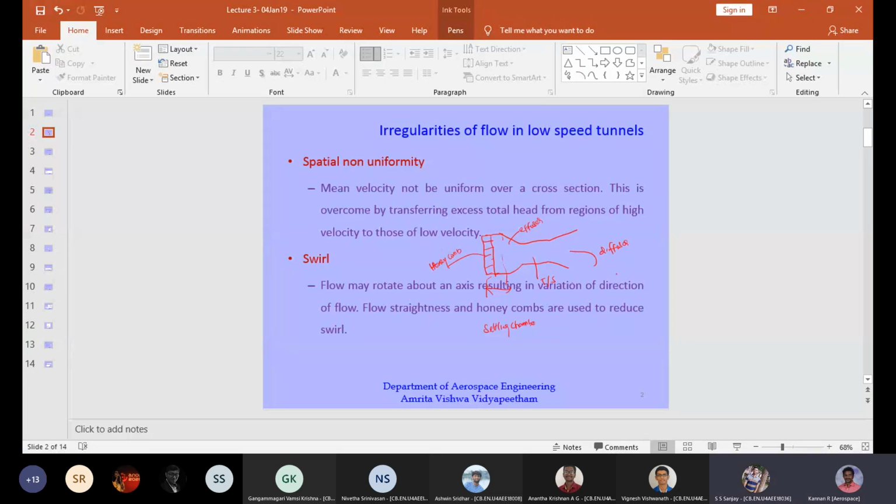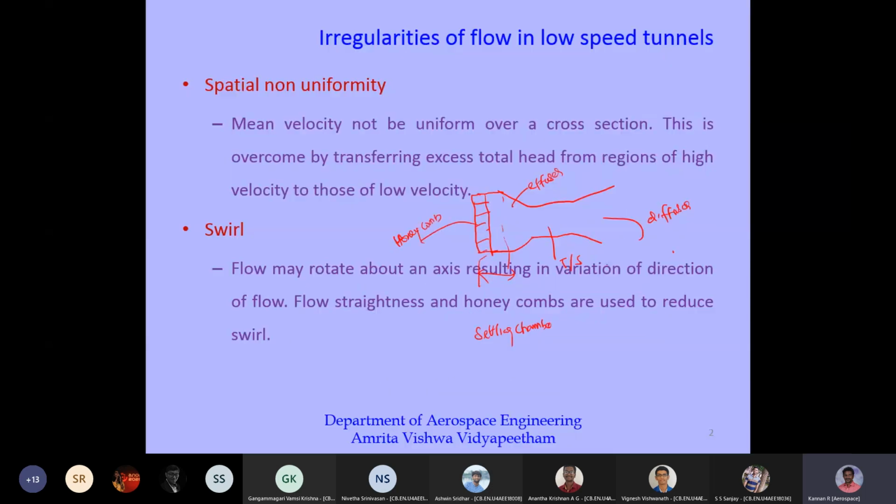Yes, sir. Okay, I got a call. So what we are going to do is, in the last class, what are the possible pressure losses in the various components, and also our variable cross section.